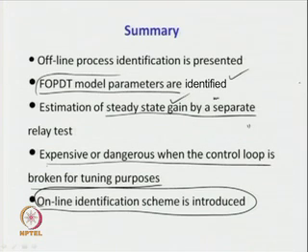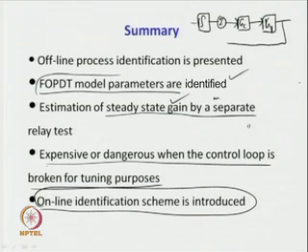We can have another type of online identification scheme as well, in the form of, suppose, a relay outside the closed loop, then we will have the controller, the process, inner feedback, and then negative feedback to the relay.